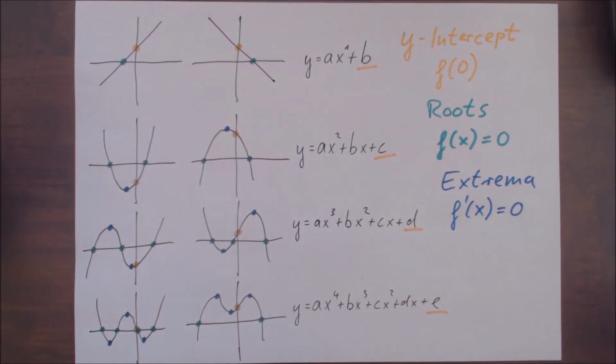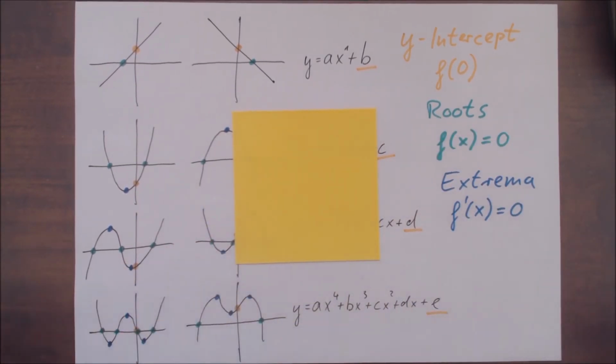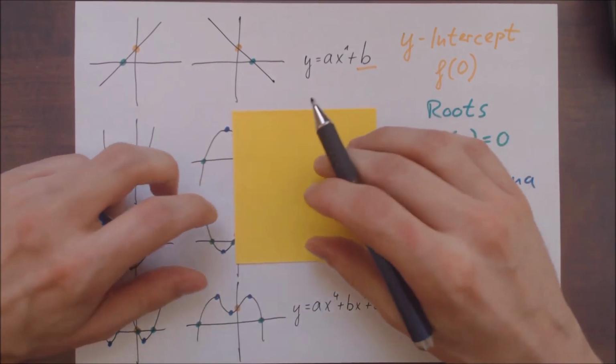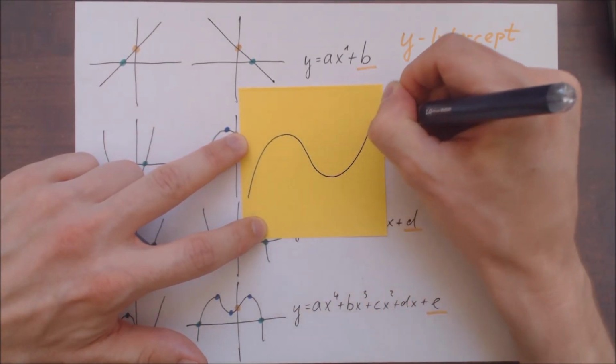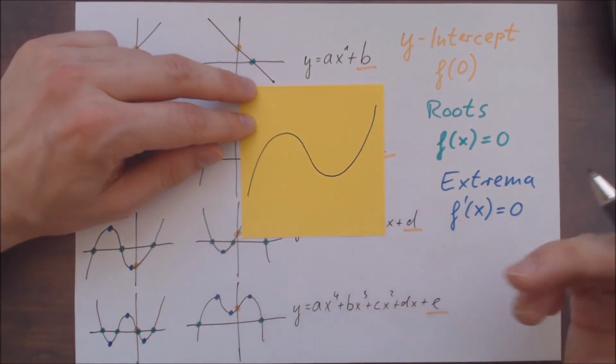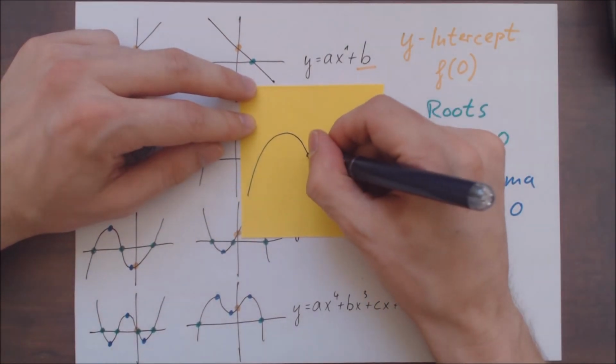And the last thing I'm talking about are the inflection points. Before I talk about the inflection points, I want to make clear what inflection points are, because many students have problems understanding what that is. If we have such a function, here's the inflection point.